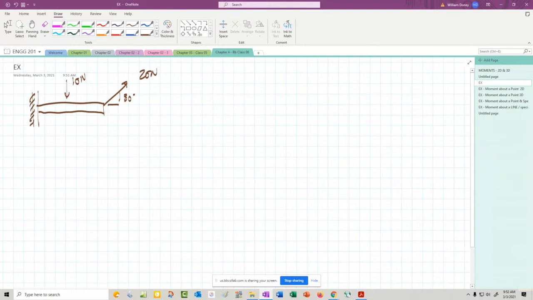We'll have a simply supported beam here. Simply supported beam, 10 newtons down here in the middle.